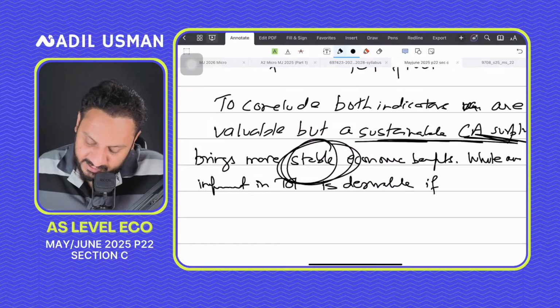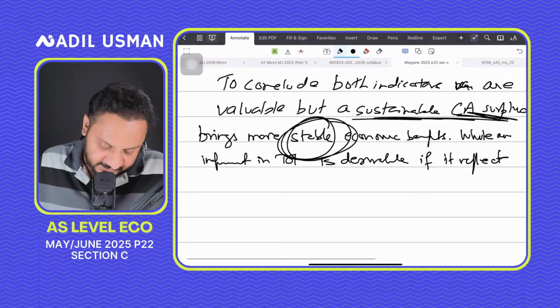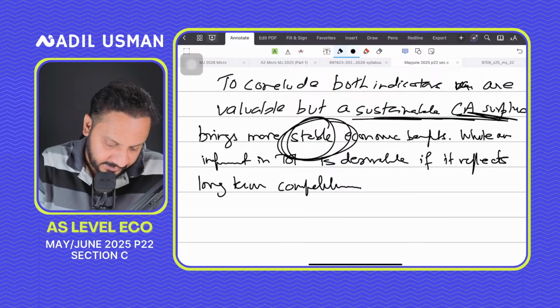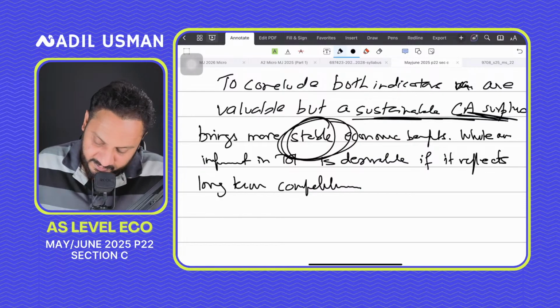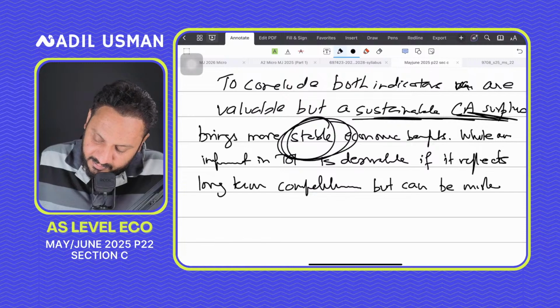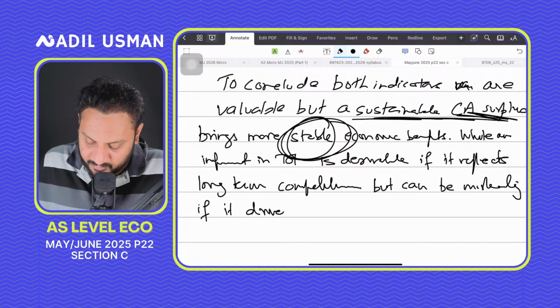While an improvement in TOT is desirable if it reflects long-term competitiveness, but can be misleading if it is driven by inflation. So what have I written?